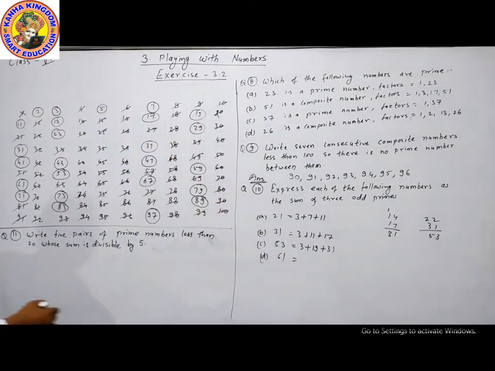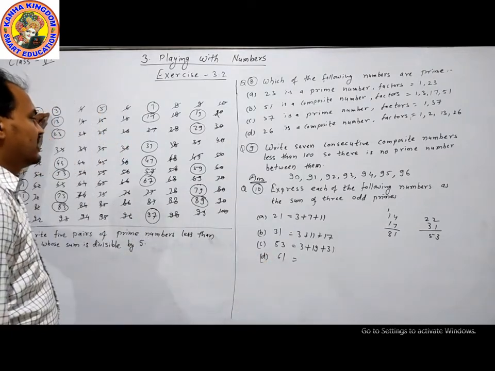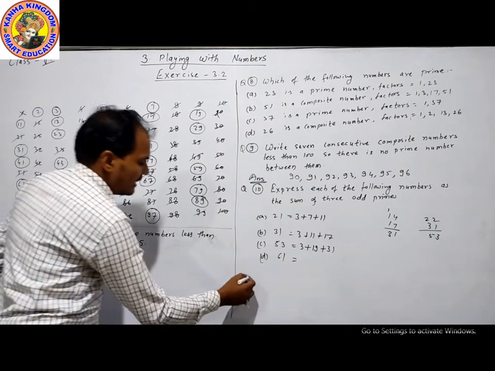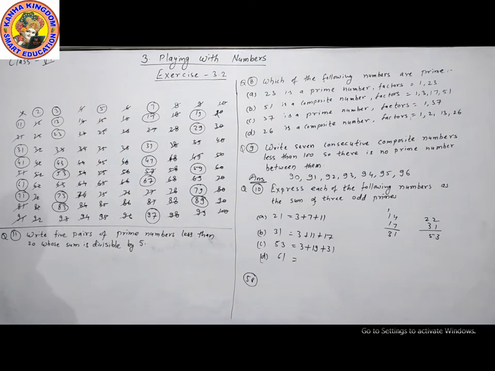Next is 61. First of all, I select 3, so remaining is 58. By whom will 58 be made?